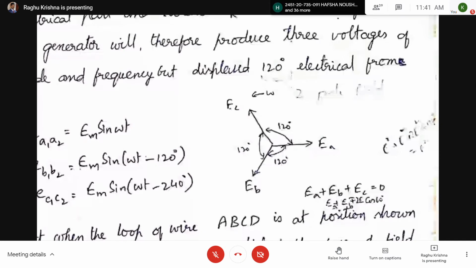After another 120 degrees, you are going to have EC. After EC again EA. This is the phasor diagram for three-phase voltages, and if you add these three voltages, you are going to get 0. The addition of phasors is similar to the addition of vectors. So if you add EA, EB, EC, just like vectors, you are going to get 0.